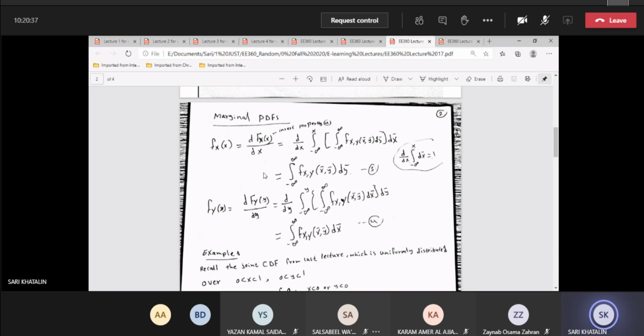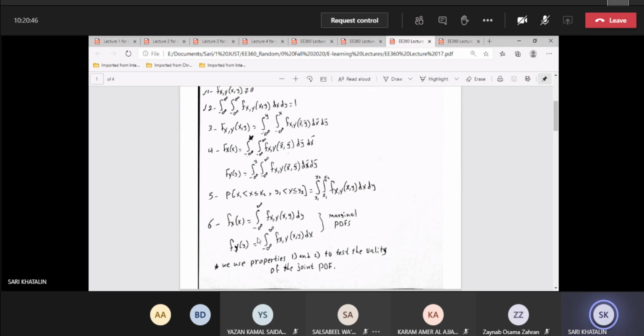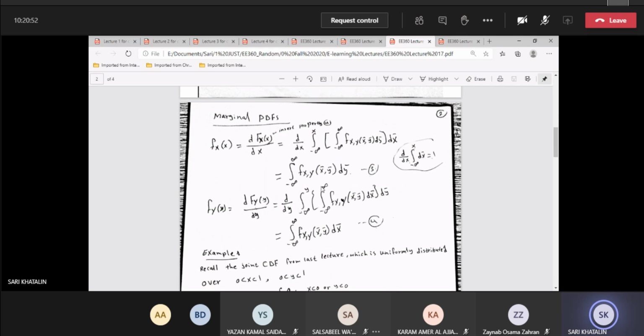Okay, on page 2, this is just to show you, if you go back to page 1, property number 6, this is how we find the marginal PDF. This second page is a proof of how we came up with these expressions for marginal PDFs.